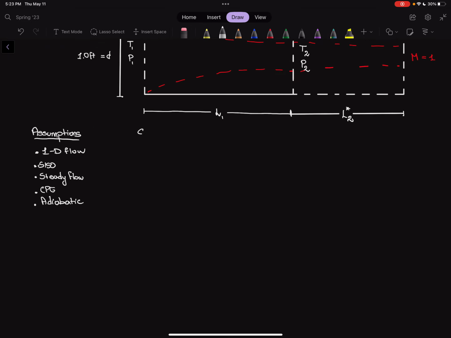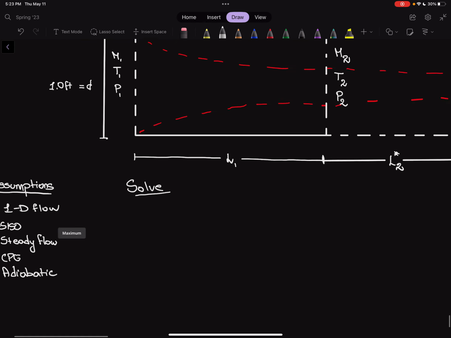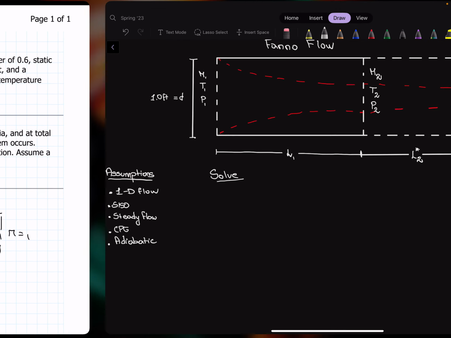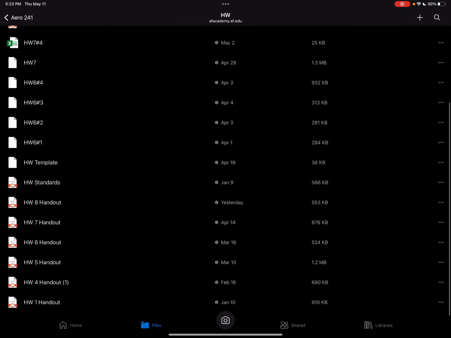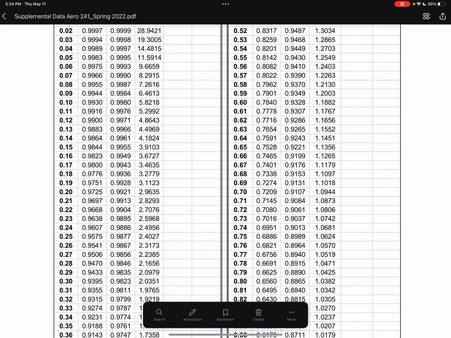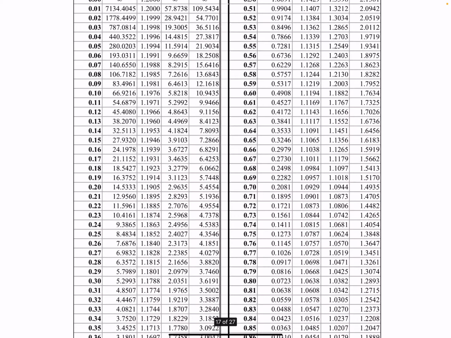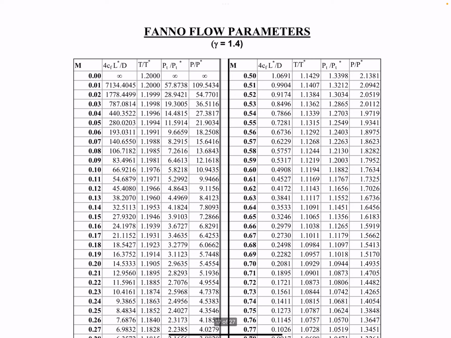Once we do all of that, how are we going to actually solve this problem? So let's write the solve portion of this. You know a relationship from the supplemental data pack. So let's go over to the supplemental data pack. If you go down below the oblique shock chart here, you have the Fanno flow parameters. Remember, Fanno goes with friction.